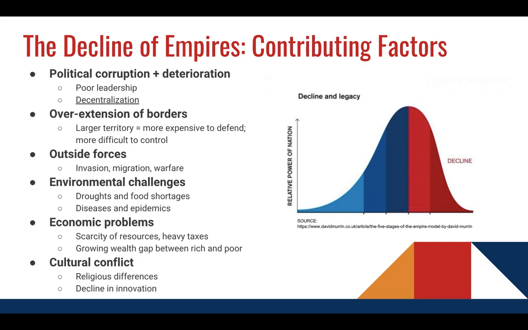Every empire goes through pretty much the same cycle. We see a state form, and then we see that state expand. It reaches a height or a golden age, and eventually it overextends, and it begins a decline. Some of the factors that contribute to this decline include political corruption, right? A corruption in the political system.